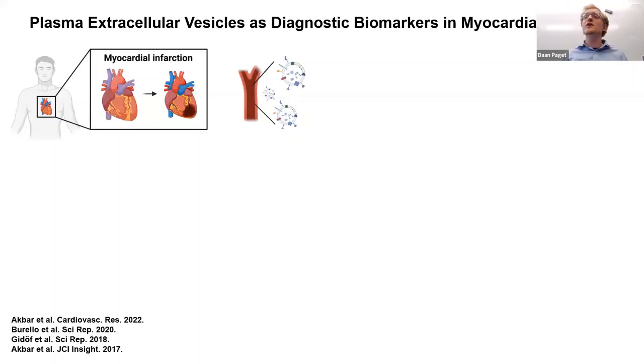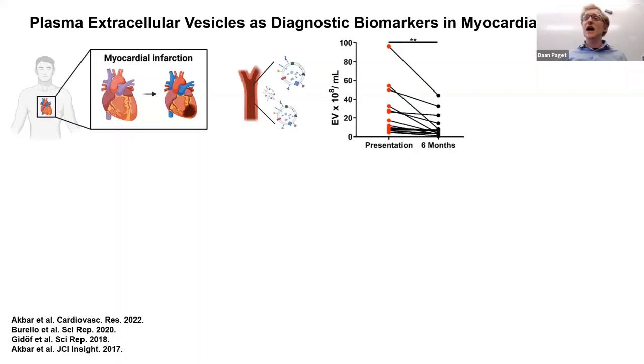Of course, when we look at the plasma of patients following a myocardial infarction, we find extracellular vesicles. Previously, the group I work in at Oxford found that at time of presentation, so in this very acute phase following the myocardial infarction, we see significantly more extracellular vesicles present than in the same patient 6 months later.